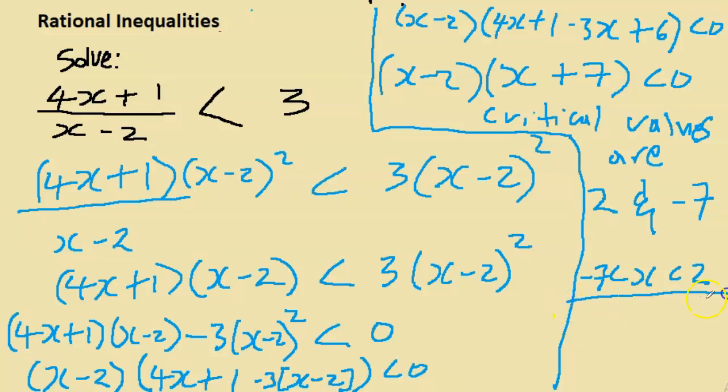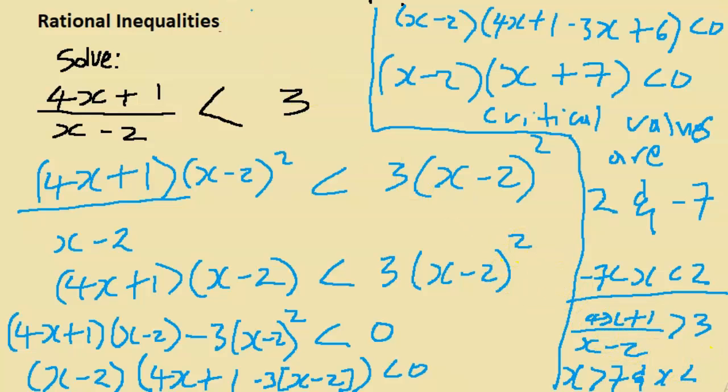For example, if this was the problem, as we discussed earlier, the solution set would be x greater than the larger value, and x less than the smaller critical value.